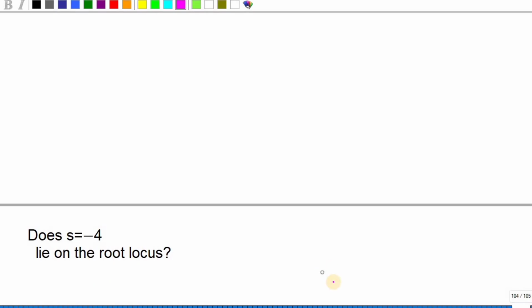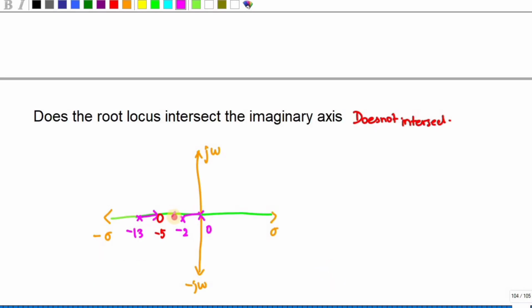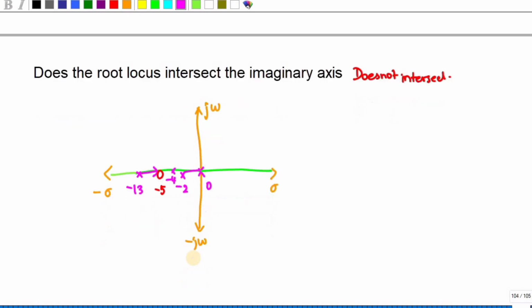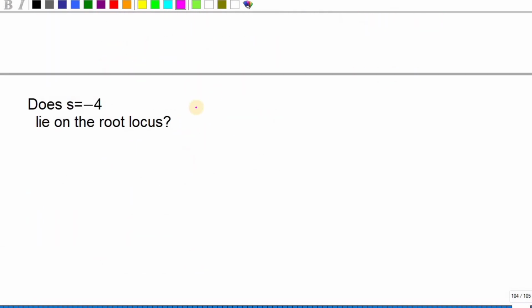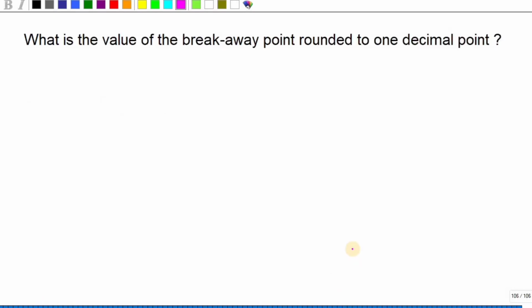If I take minus 4, to the right of it I have only 2 poles, so there is no root locus between minus 4 and minus 2, so it doesn't lie on the root locus.